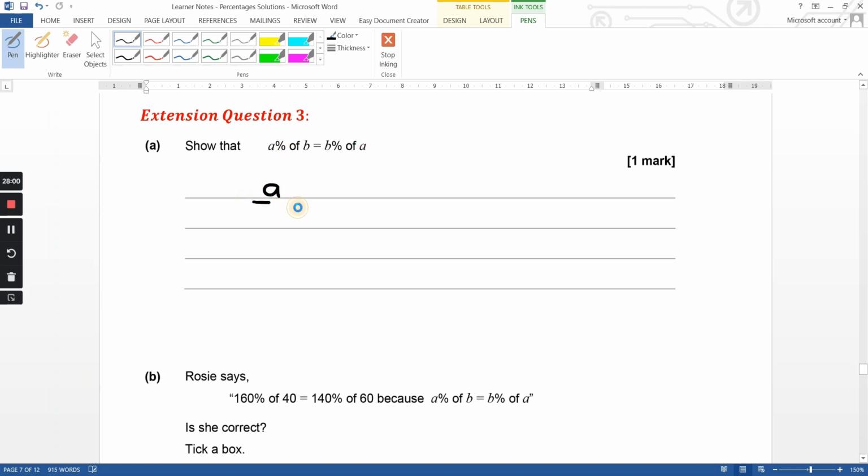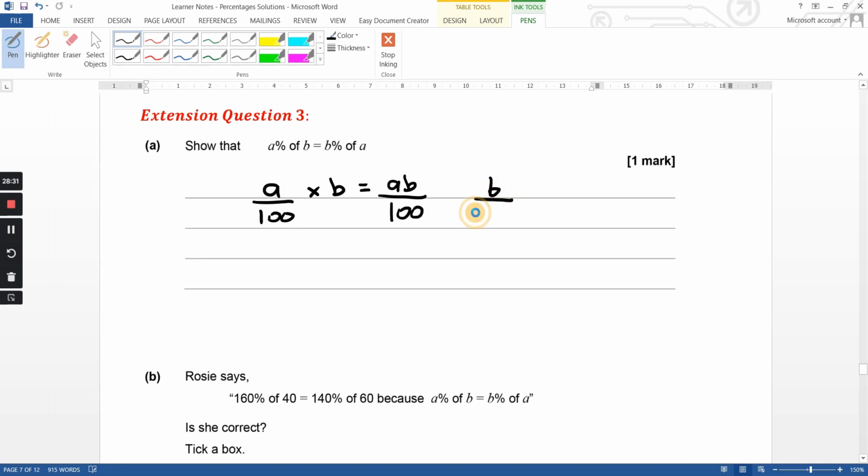So A% of B, well, we write it like this, don't we, when we say percentage of something is equal to... I'll tell you what, let's simplify this. You know, when you simplify something like this, you'll get AB over 100. Yeah. Let's do the same to the other side.